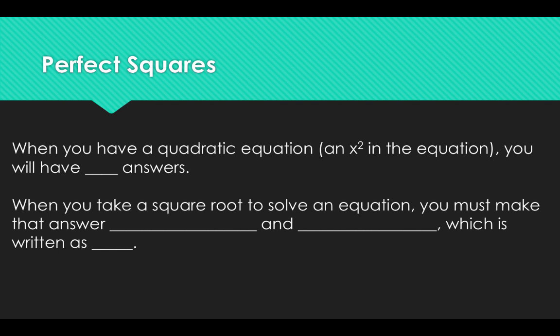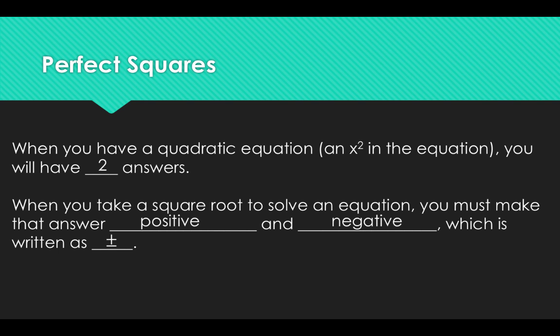When you have a quadratic equation, so that means you have an x squared, or it might be a different variable, so it might be a squared or b squared or something like that, you're going to have 2 answers. So when you take the square root of that variable to solve the equation, you have to make that answer both positive and negative.